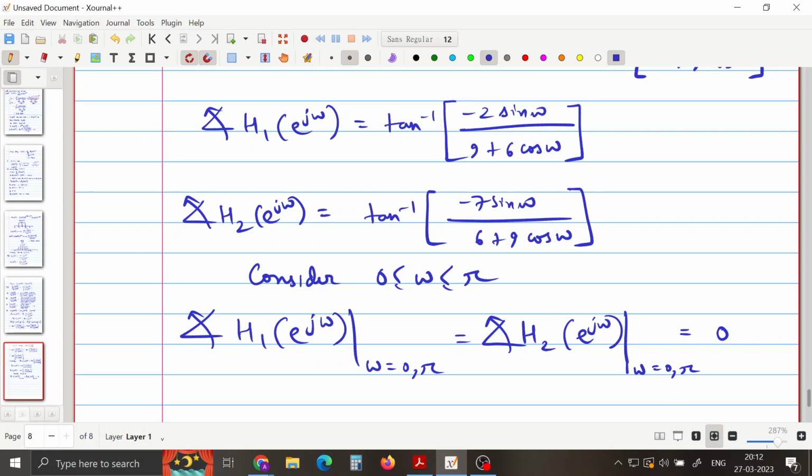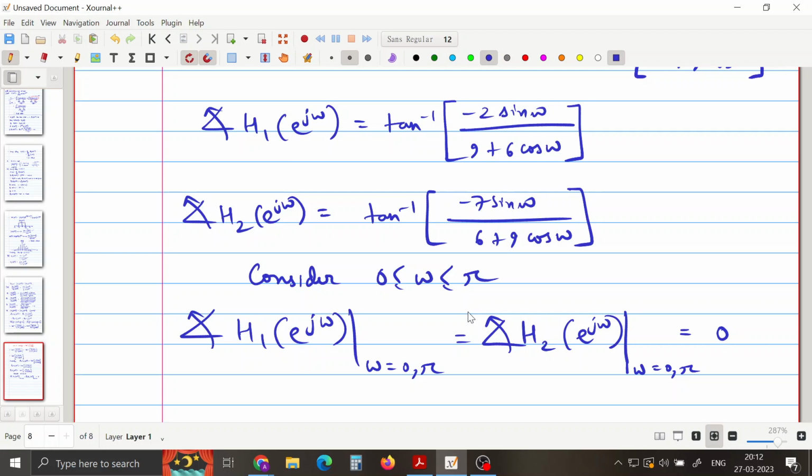Now for the extreme points 0 and pi, we have checked that they are indeed 0 for both the cases. Now let's take some intermediate value like pi by 2.